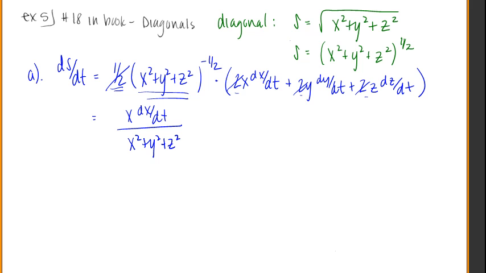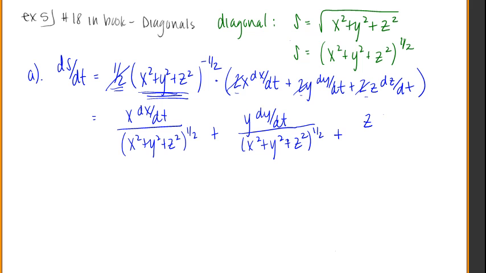If you want to write it to the 1/2 power or put it back under the radical, it's up to you. And then it would be plus y dy/dt over, again, the same thing, because we're distributing this front all the way through the parentheses. So again, this is just making it look pretty. It's up to you if you want to take it this far.